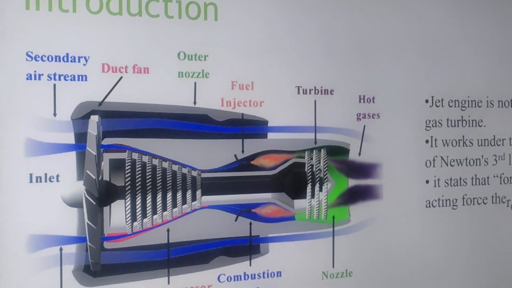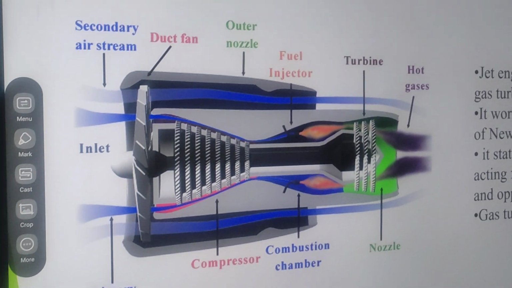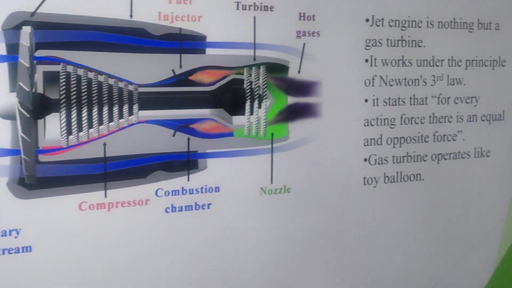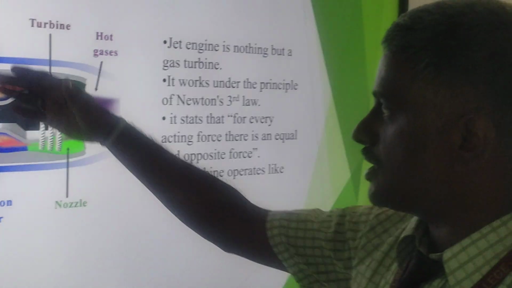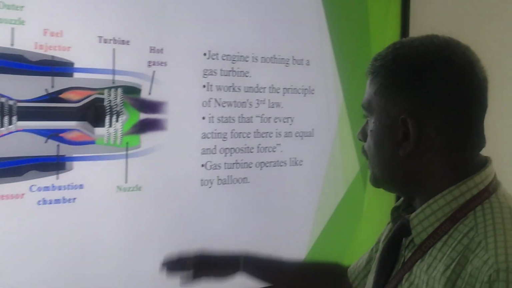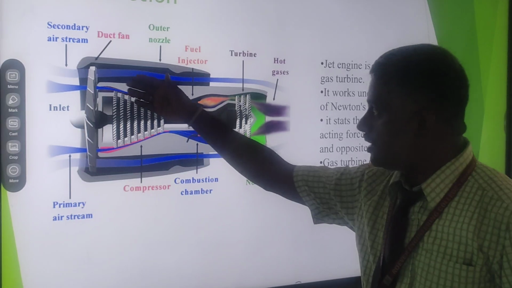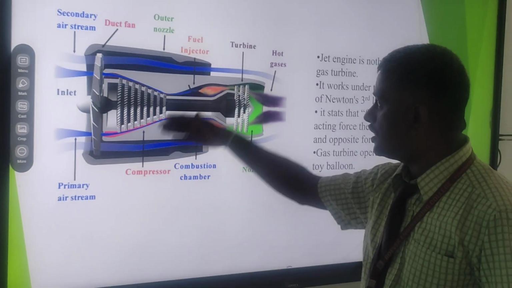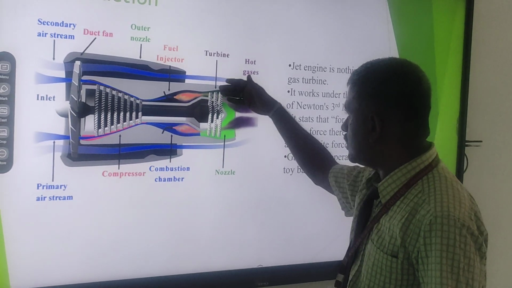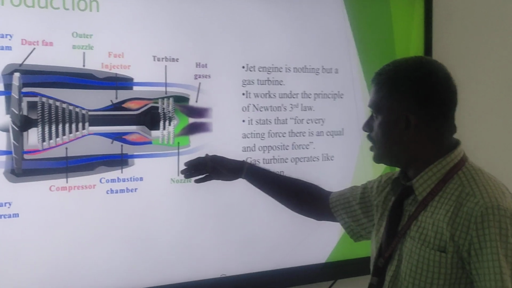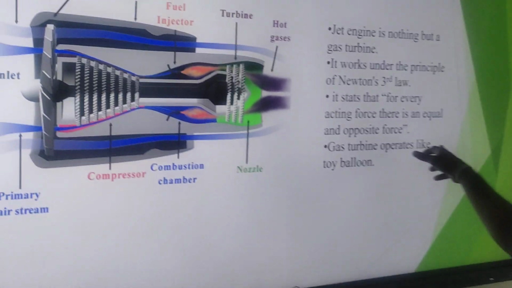The introduction to jet propulsion: a jet engine is nothing but the gas turbine principle. This is the schematic diagram of the jet engine concept. This is the fan, then the compressor, then the combustion chamber, then the turbine, then the nozzle with the expanded gases. These are used for jet propulsion.